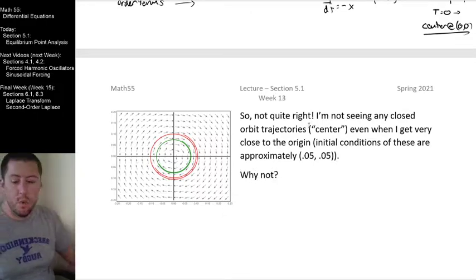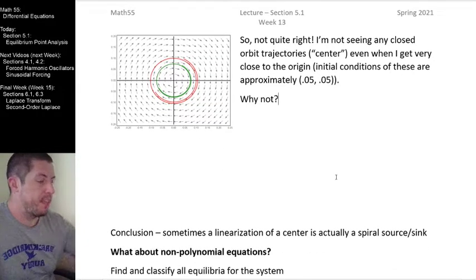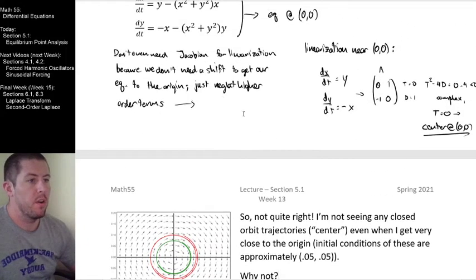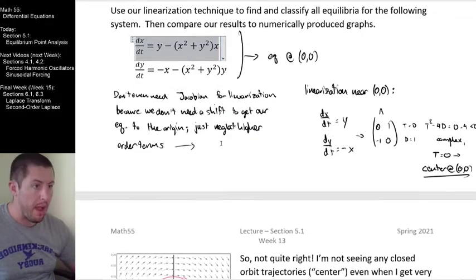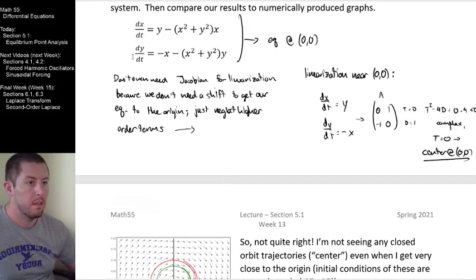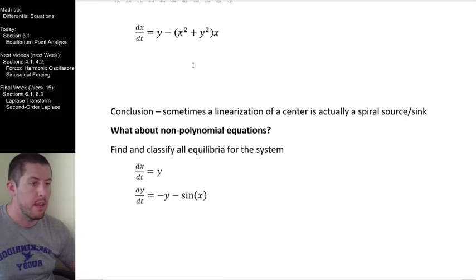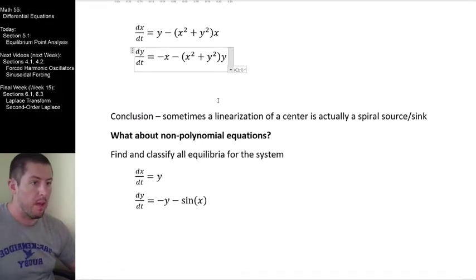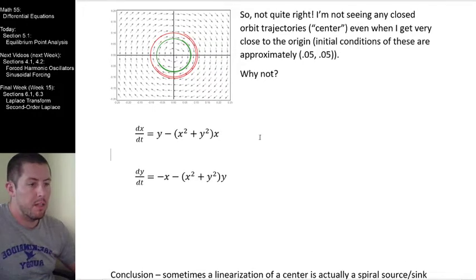So the question is, why not right here? One thing we can do is look at this in chunks. Let me grab our differential equations and show you how I'm picturing these a little bit differently. Why did this not quite work out in this case? And then we'll look at one good last example for our non-polynomial equations.